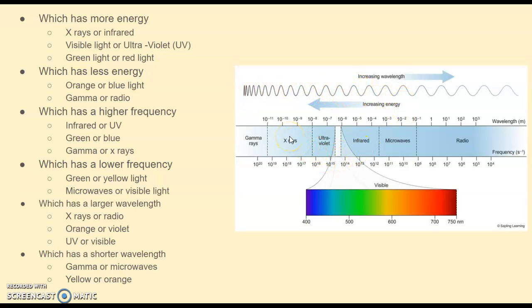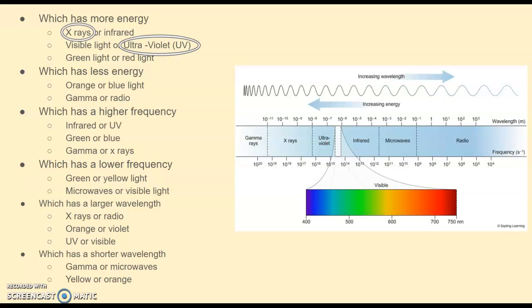I'm looking for which one has more energy. So if I look at my two options, I would go with X-rays have more energy. What about between visible light or UV or ultraviolet? So visible light, remember, is this little section right here, or ultraviolet is right over here. Which one has more energy? That's going to be ultraviolet.